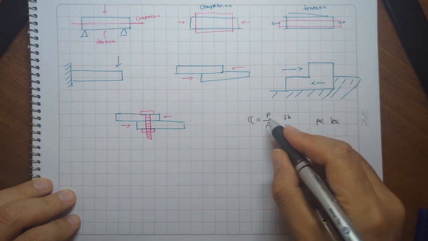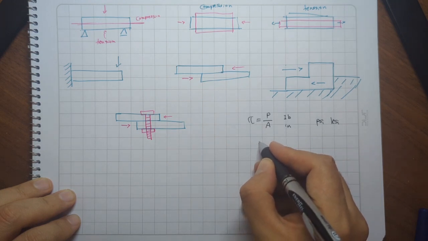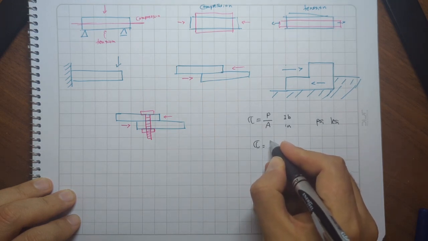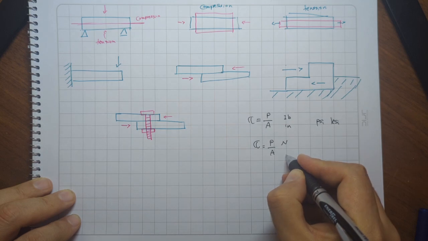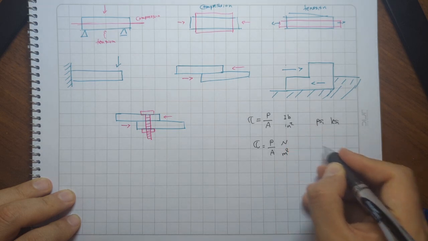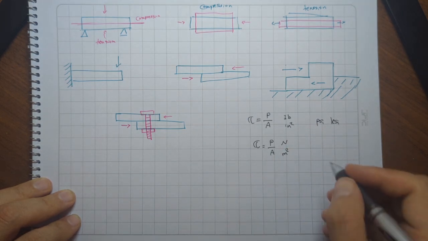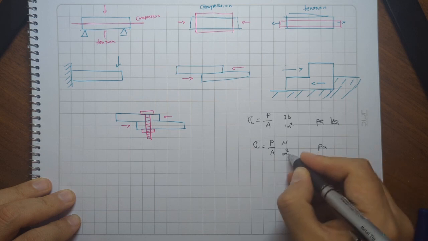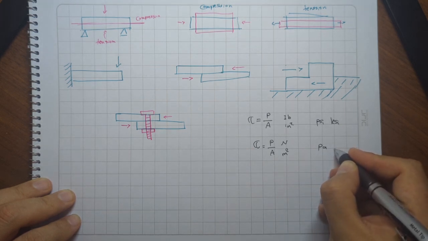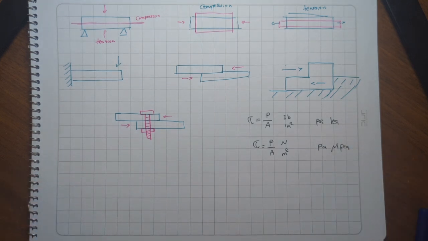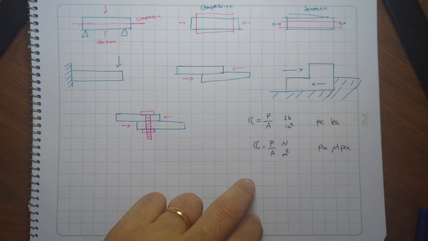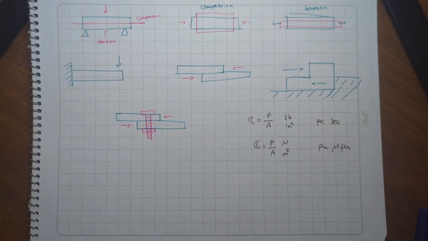And if we have P in newtons, and A in meters, we're going to have tau in Pascal, or with millimeters we're going to have it in megapascal. So for shear stress, we're going to use this formula.